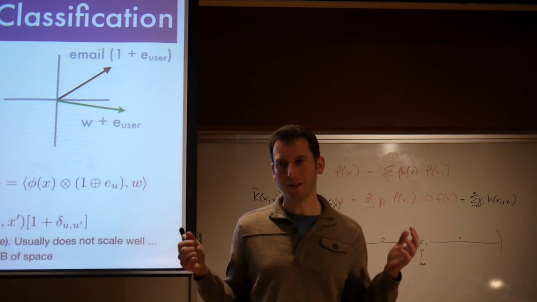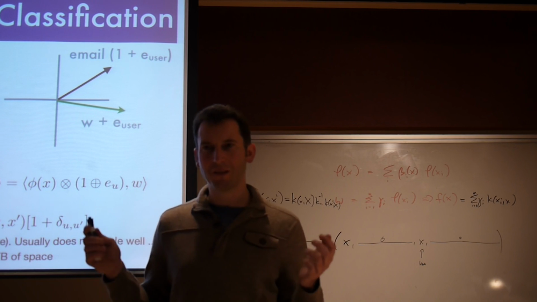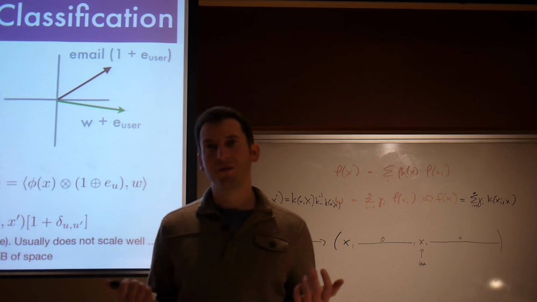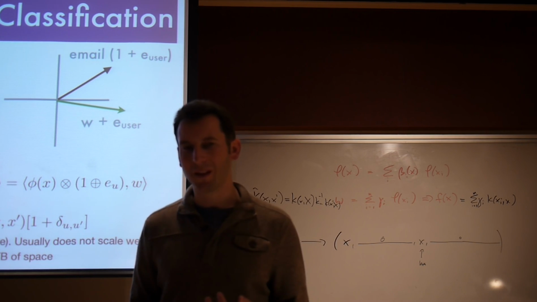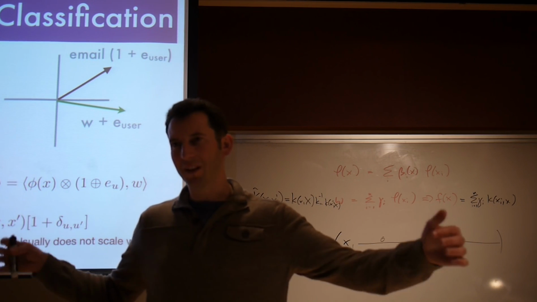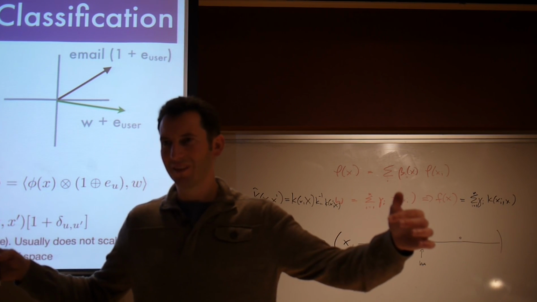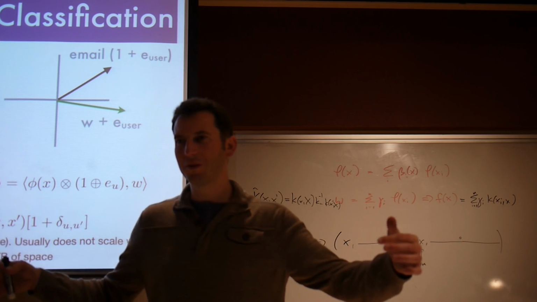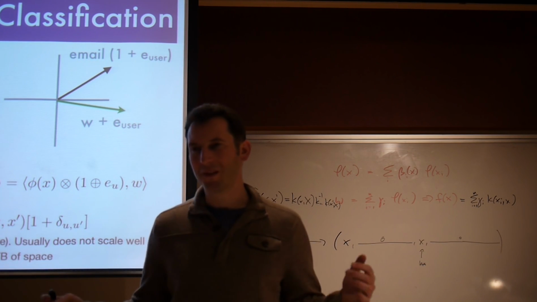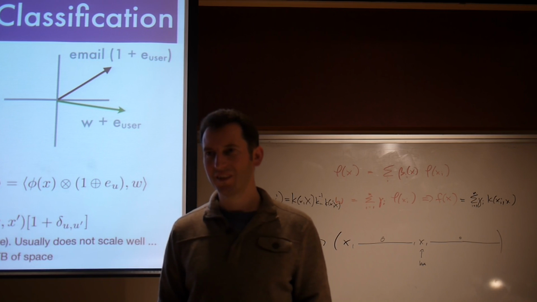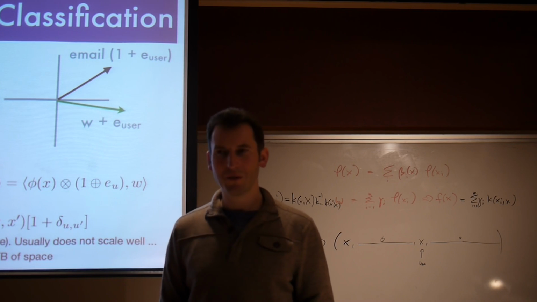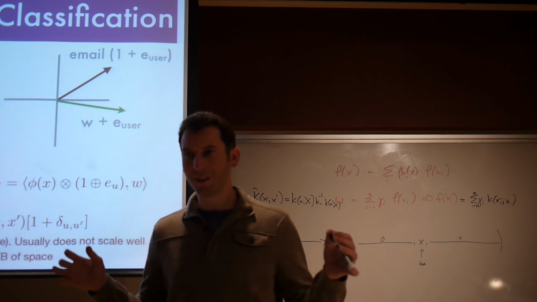Let's say I get an email with 100 words, then at worst I need basically 200 pointers for that. So that's not so bad. But the w vector still needs to store everything. So storing all the parameters for all users is hopeless. You can't. So now the question is, can we do something to make this vector small enough?